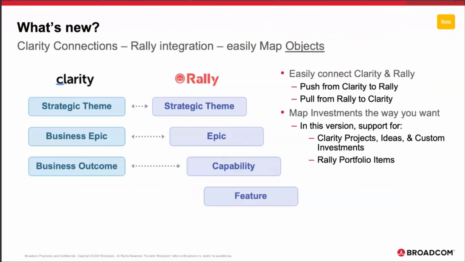So you can see the names don't have to be the same. The object mapping easily connects Clarity with Rally. You can decide to push from Clarity to Rally or pull from Rally to Clarity. Essentially, map investments the way you want, with added support for out-of-the-box and custom Rally objects.